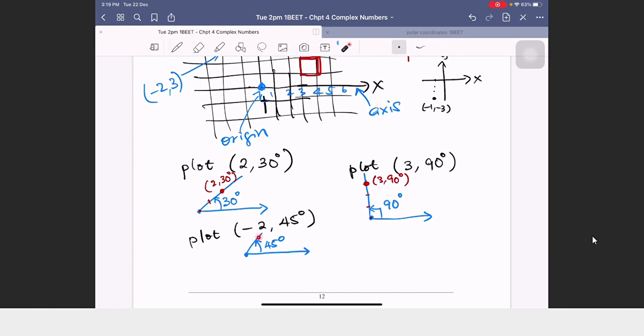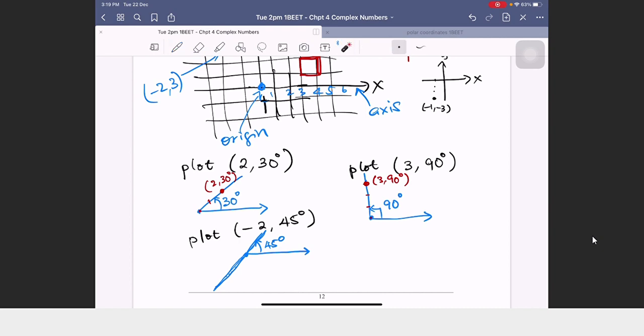So if it's negative 2, you have to go in the opposite direction, which means you extend your line opposite. It's a straight line, but in the opposite direction.